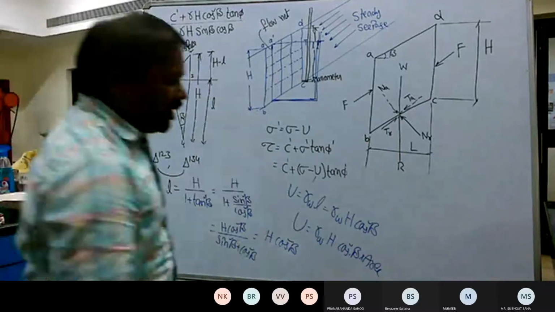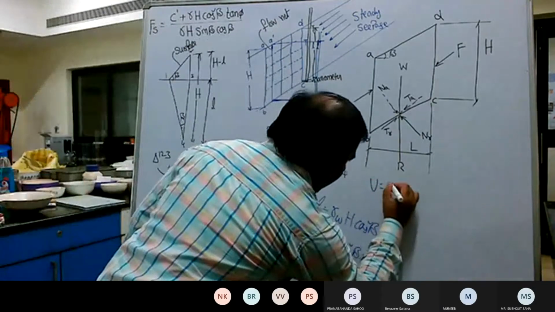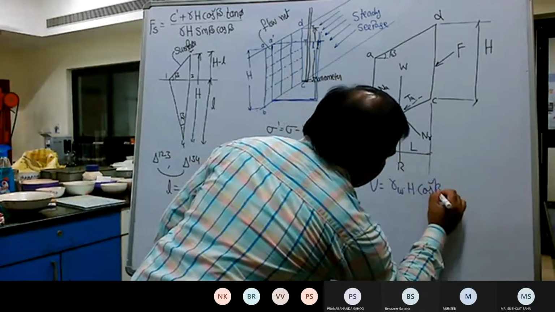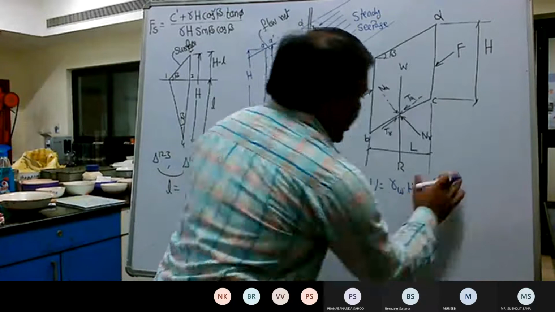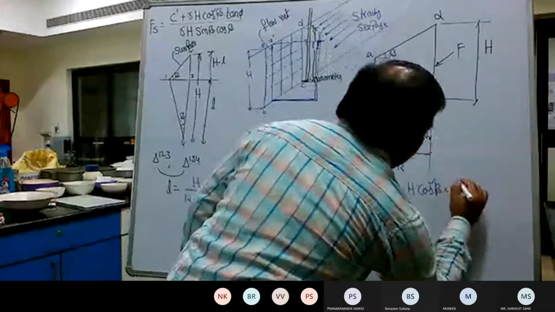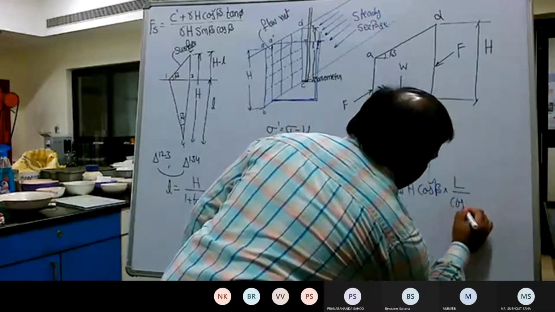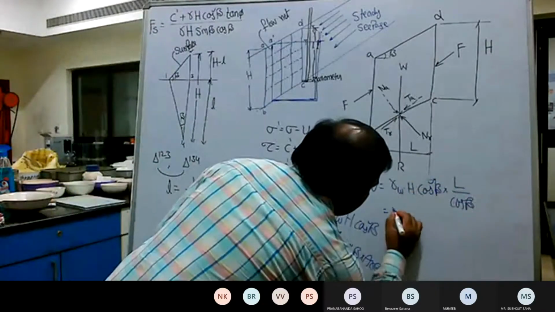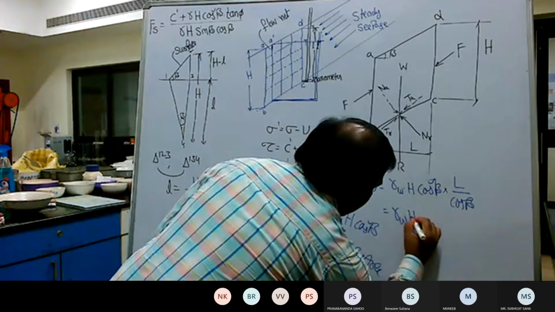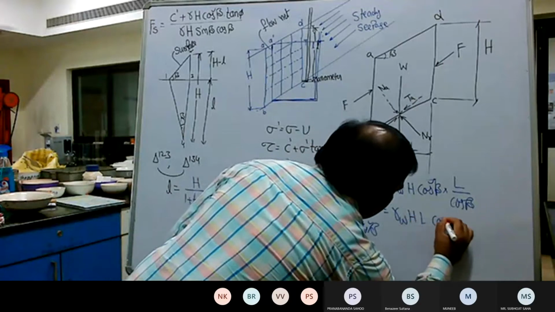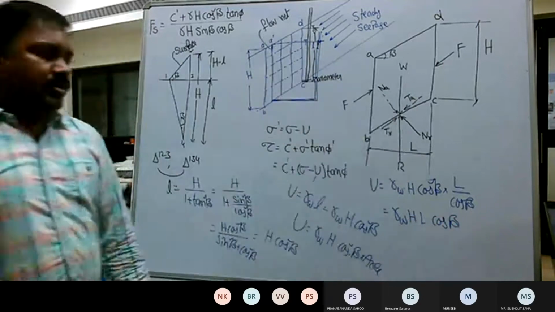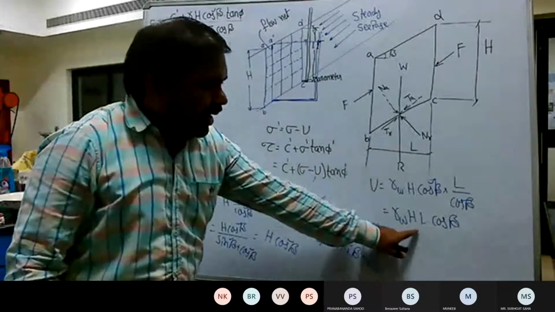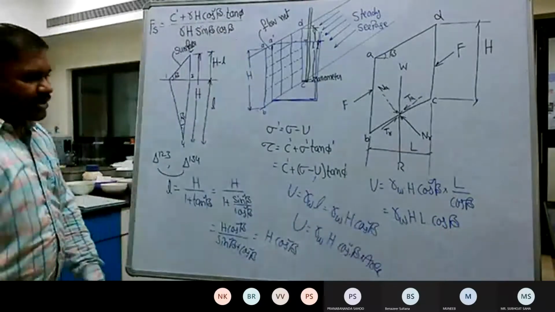In the last class we derived that area as L by cos beta, so one unit will cancel out. So the seepage pressure can be written as gamma W L H into cos beta. This is the final form.